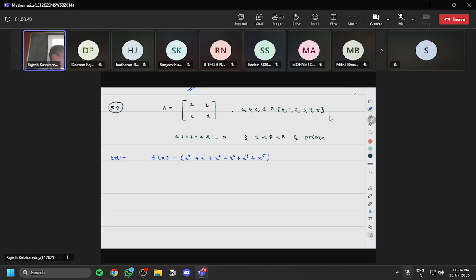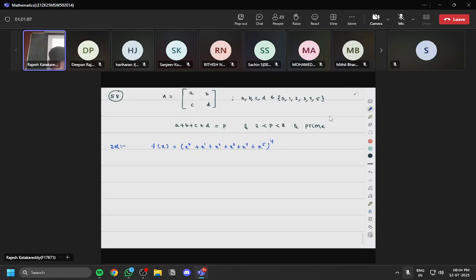It is either-or, so I added. Now the same thing for b, c and d. So putting all 4 together, I should write power 4. Did you understand this? This is the generating function. Any doubt in this? Anybody?